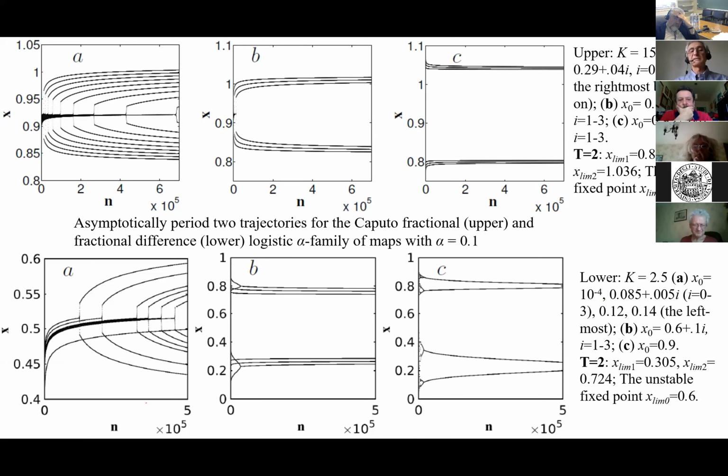And in both cases, it is shown that systems have, for those values of parameters, with alpha 0.1 and K different in both cases, asymptotically periodic points of period 2. So if we wait for a very long time, then finally there will be those solutions which are written here for the top, and a similar result, a little bit different, for fractional difference.